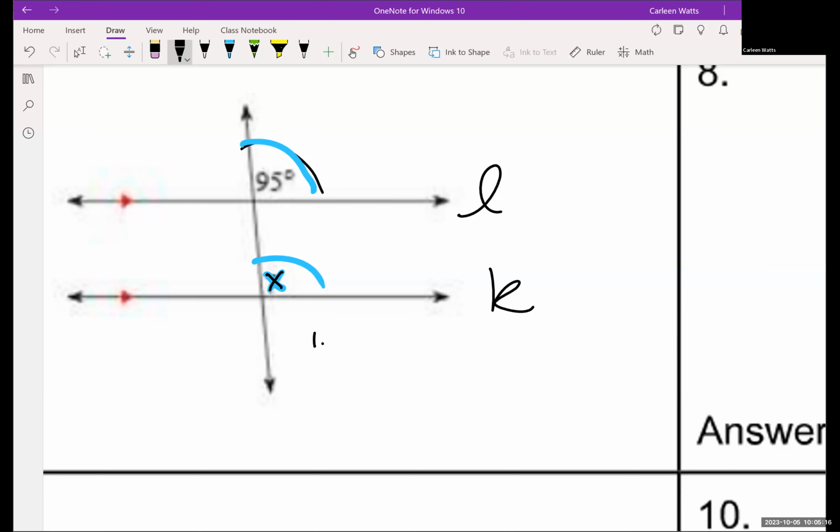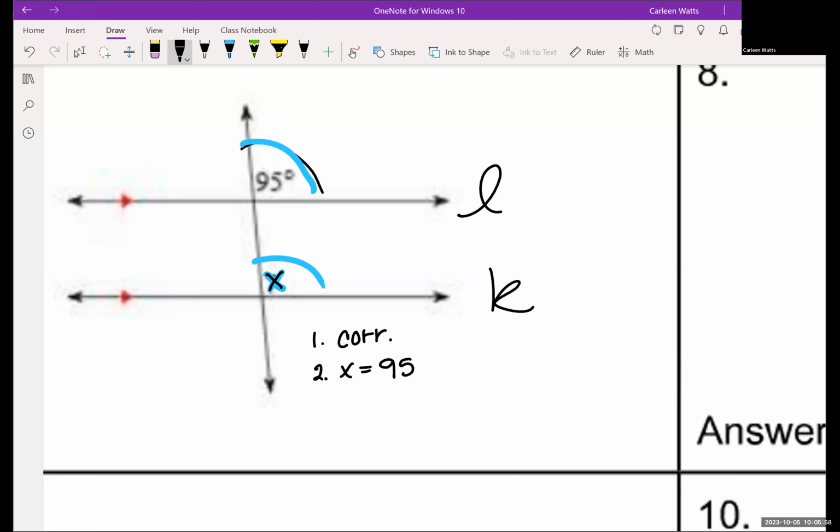It's on the top right of line K. So corresponding. Corresponding angles are congruent. So what is X equal to if they're corresponding angles? X is equal to 95.